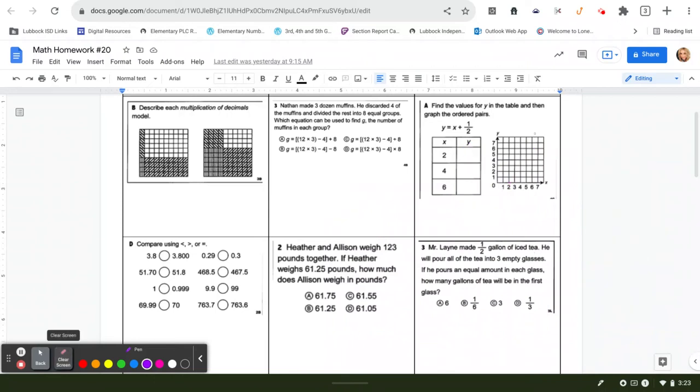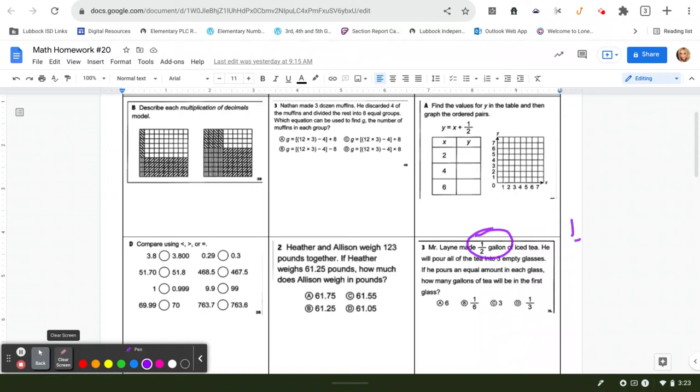Next, Mr. Lane made half a gallon of iced tea. He will pour all the tea into 3 empty glasses. If he pours an equal amount in each glass, how many gallons of tea will be in the first glass? Well, it tells you each glass is going to have the same amount, so the first one's going to have the same amount as the third one.